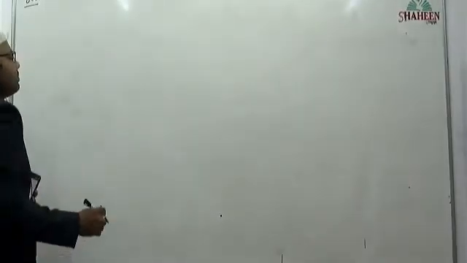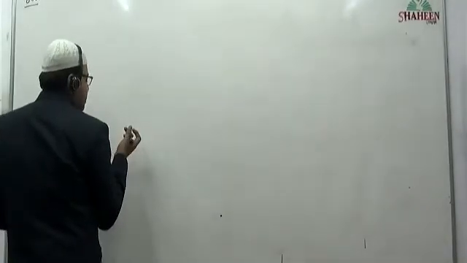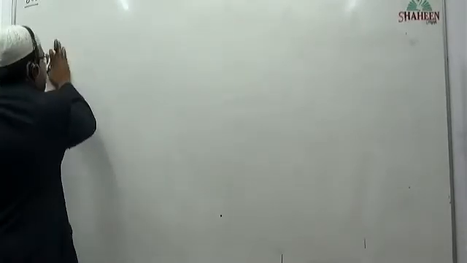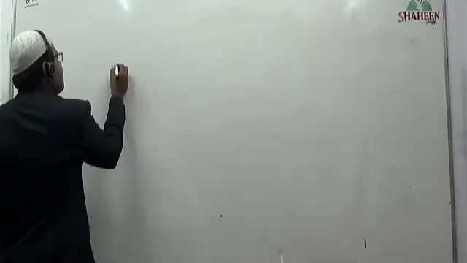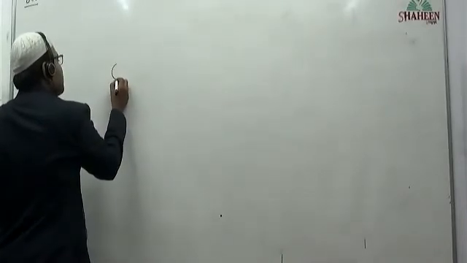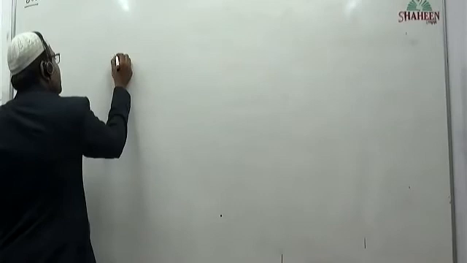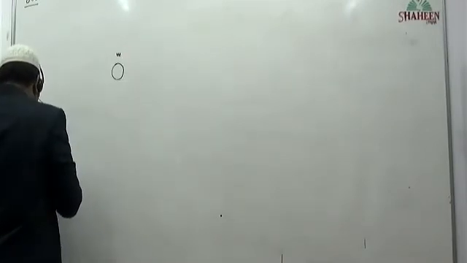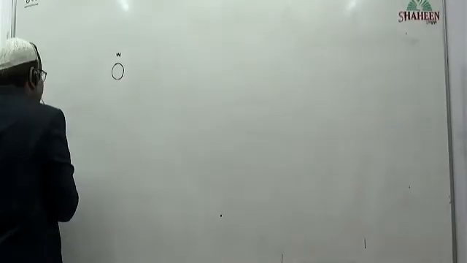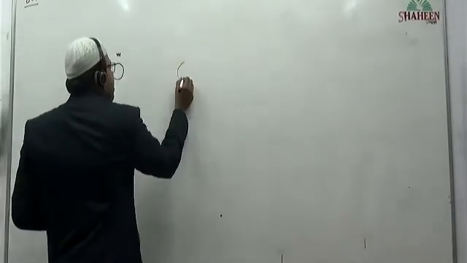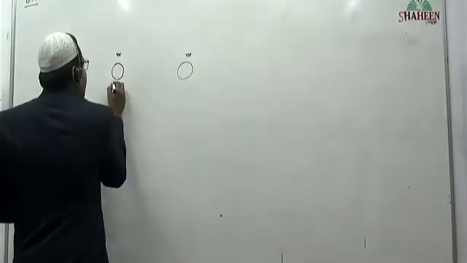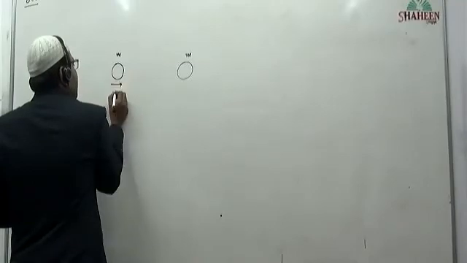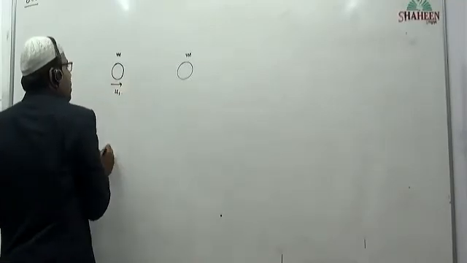Pay attention, beta. One body is there of mass M, and because the bodies are identical, the other body is also of mass M. Suppose this is moving with some velocity, I will take it as U1.